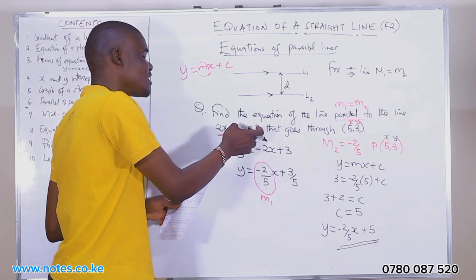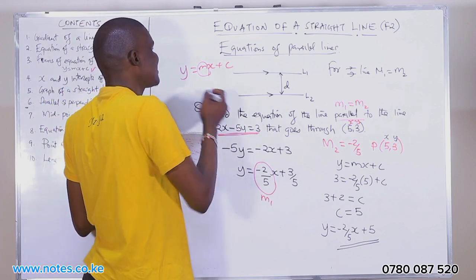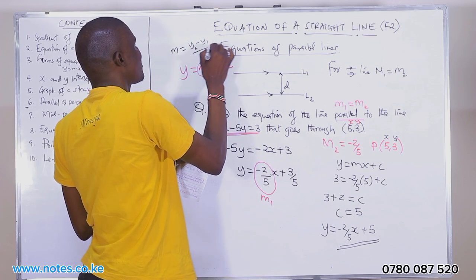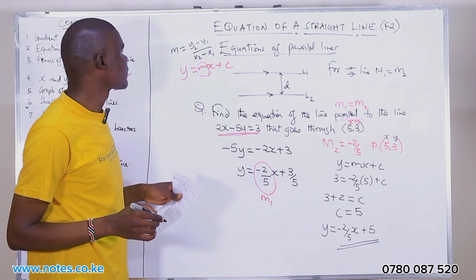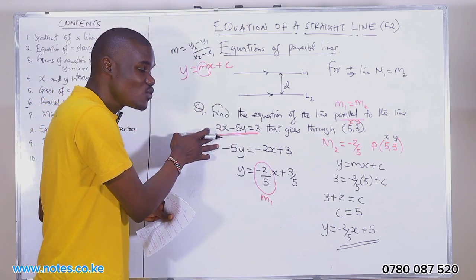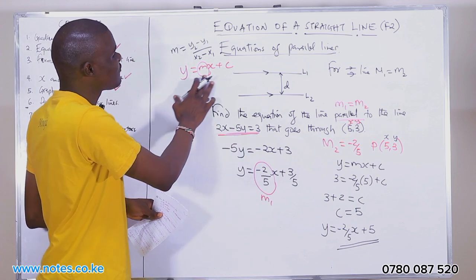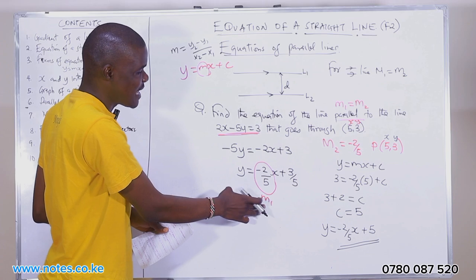When you are given 2 points, just find the gradient. And gradient is given by y2 minus y1 over x2 minus x1. But then when you are given an equation, always remember the first thing is to write it in the form of y is equal to mx plus c, so that then you are able to obtain m1.